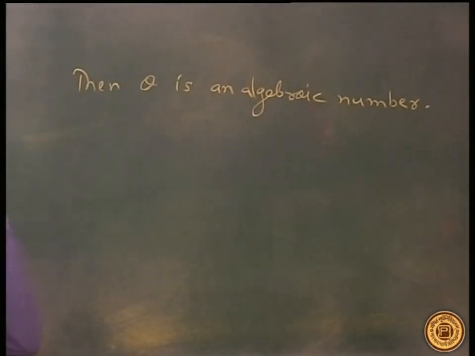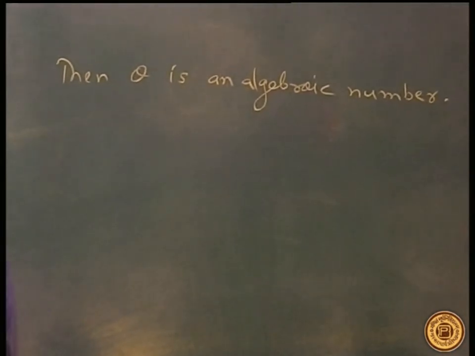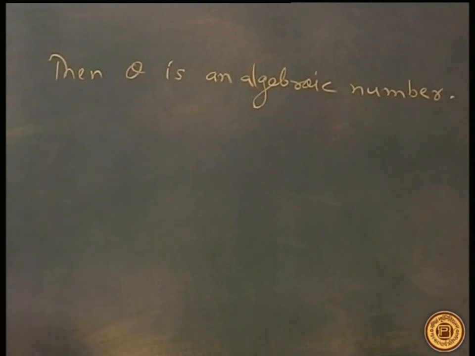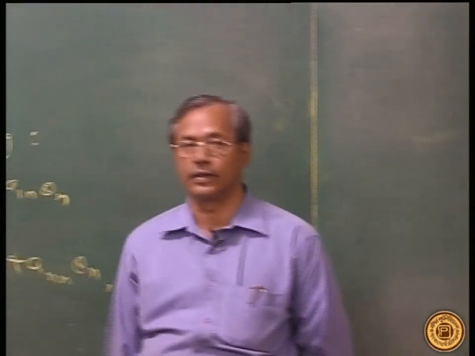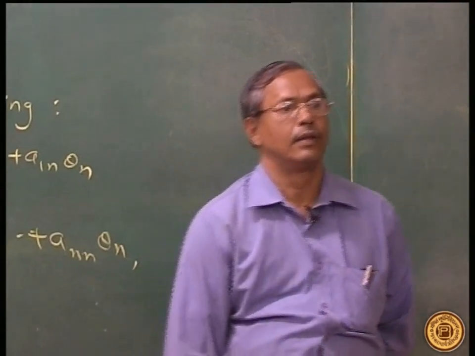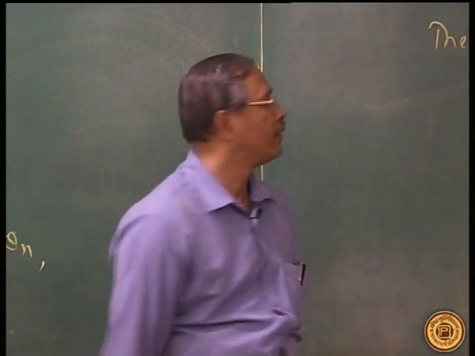aij are rational numbers for all i and j. Then theta is an algebraic number. Whereas if aij are integers, then theta will be an algebraic integer.